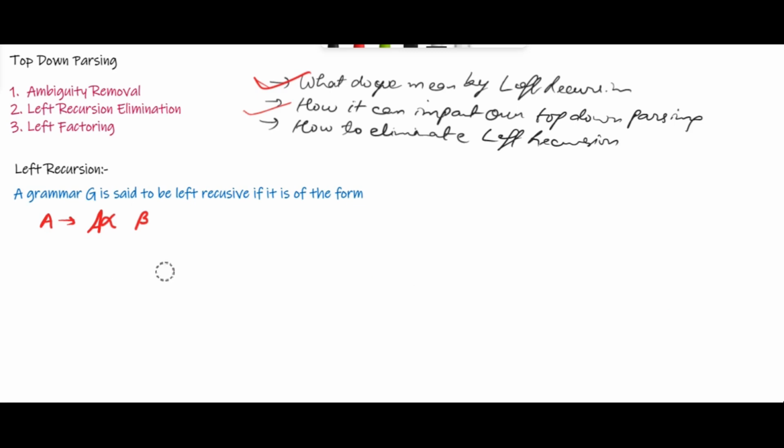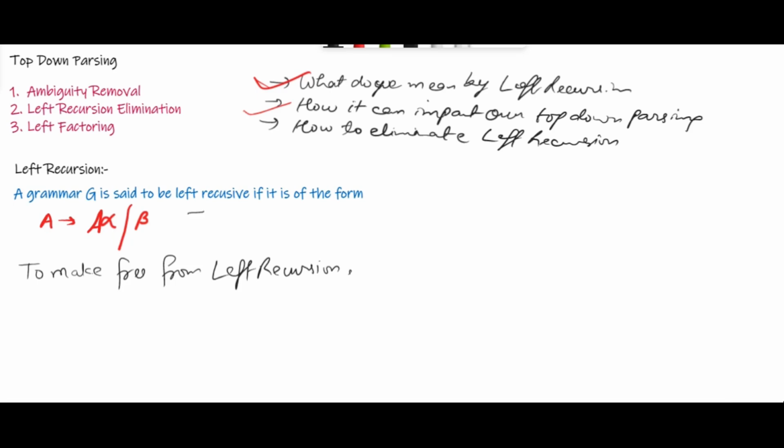Let me clean this and erase all those things over here. Let me just mark these two productions again. To make this grammar free from left recursion, we make this grammar right recursive. How can we make this right recursive?